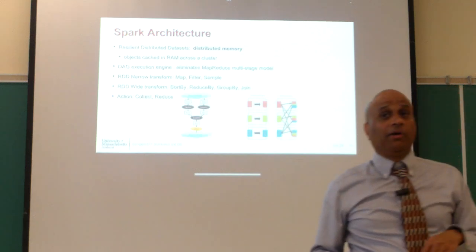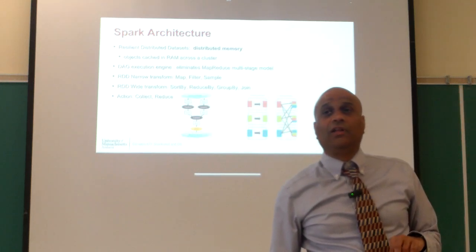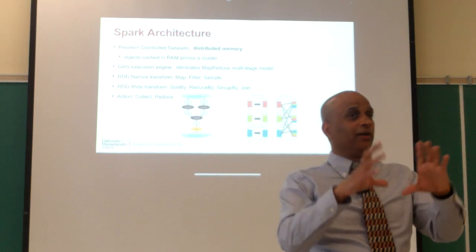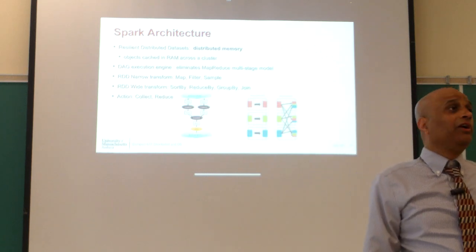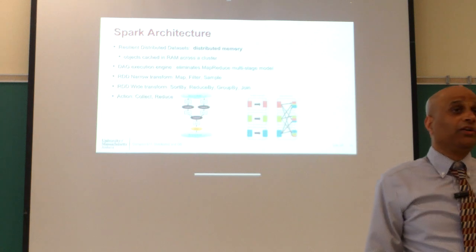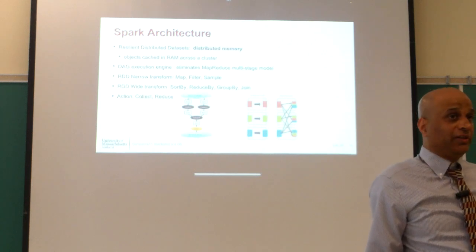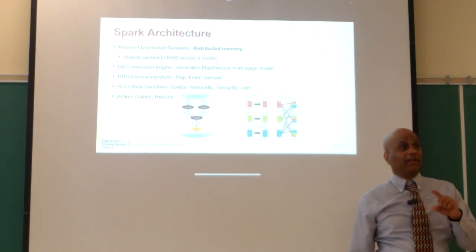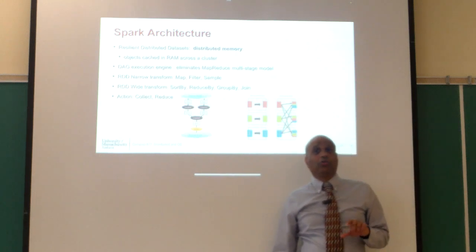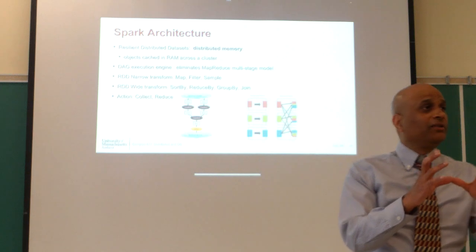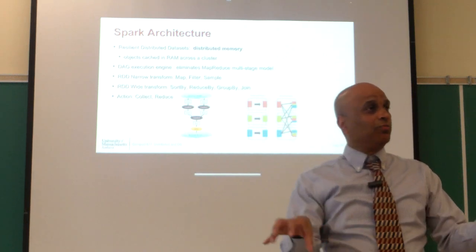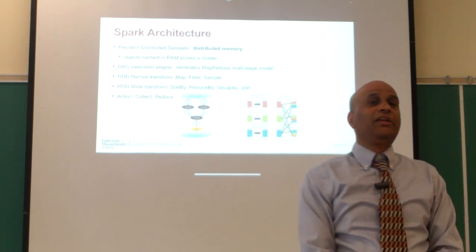So they came up with this interesting idea: for every piece of data that you cache, you keep track of how it was produced, what computation specifically produced it. If the machine crashed and that data disappeared, you don't recreate the entire computation. You just say this missing piece of data was created by these small map tasks, so I'm only going to recreate those.